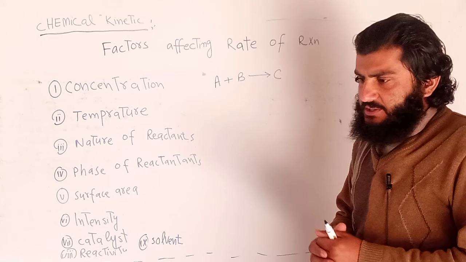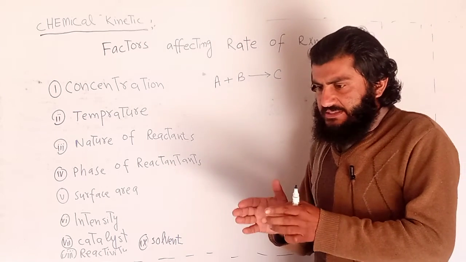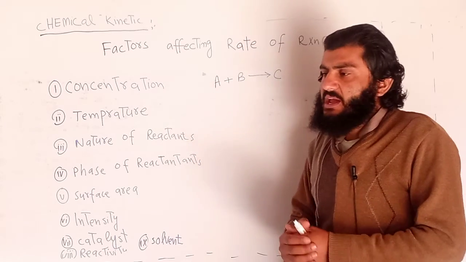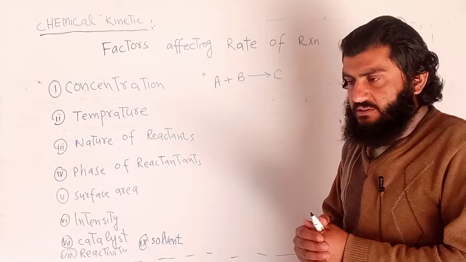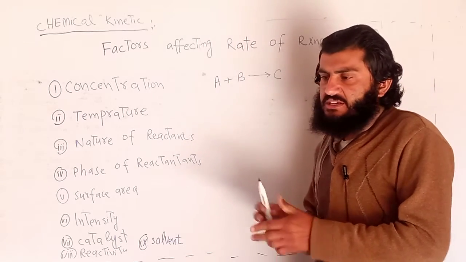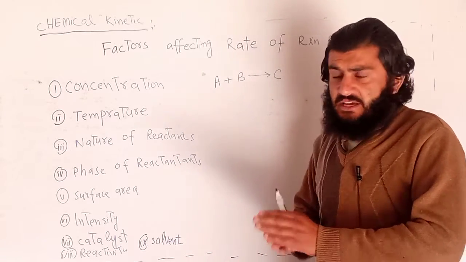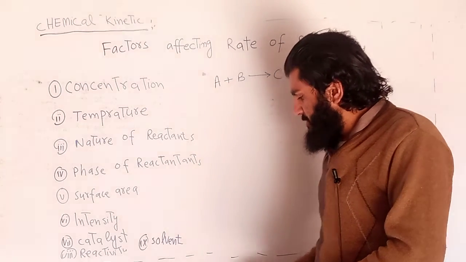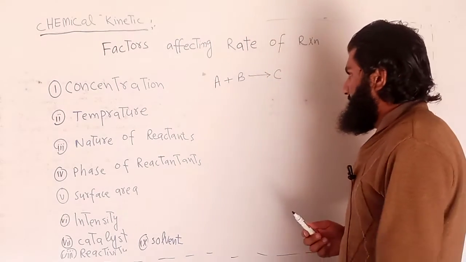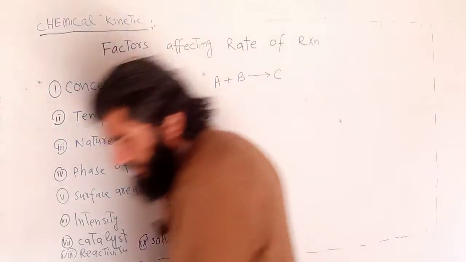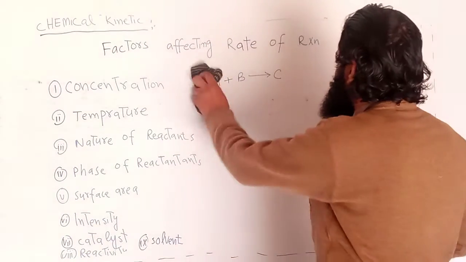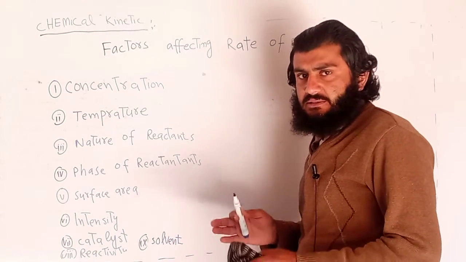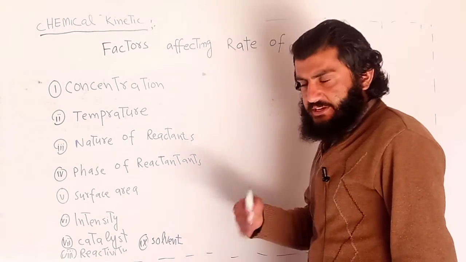So there are some reactions in which when we increase the concentration of one reactant, the rate of reaction does not change, and there are other types of reactions in which when we increase the concentration of one type of reactant, the rate of reaction increases. So I want to explain all these with suitable examples. Clear? So first of all I want to discuss a type of reaction which does not depend upon the concentration of the reactants.